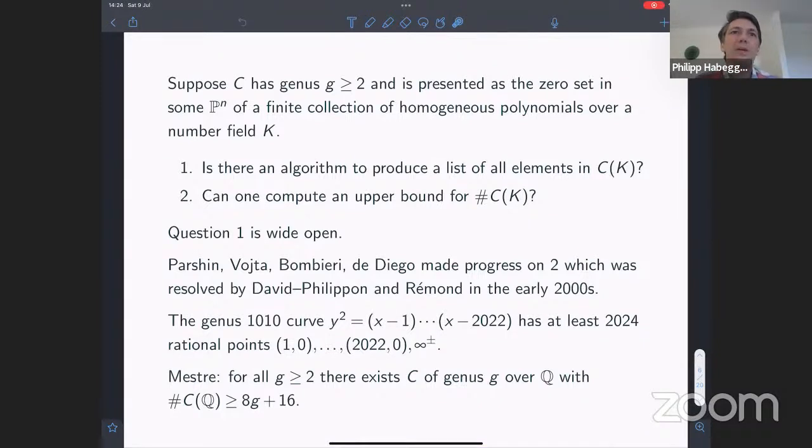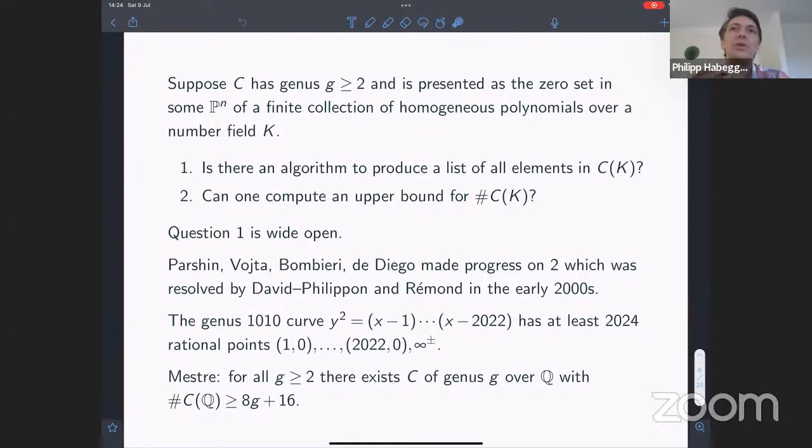Then later, when Vojta introduced his second proof of the Mordell conjecture, he also gave in principle an upper bound that can be computed, and things were made explicit in the 1990s and early 2000s by work of Bombieri, de Diego, and others.